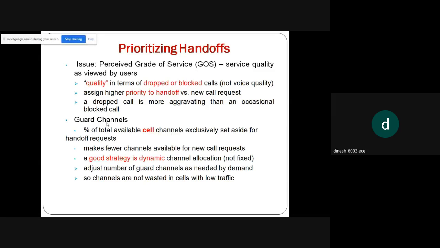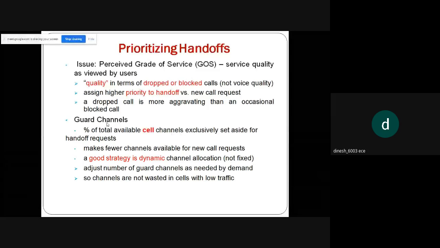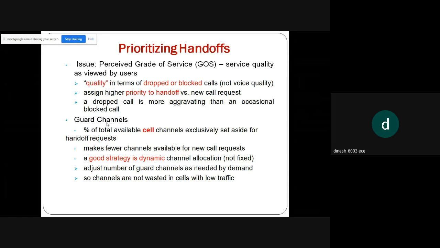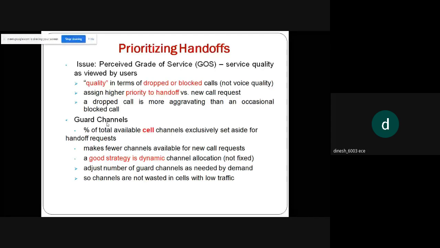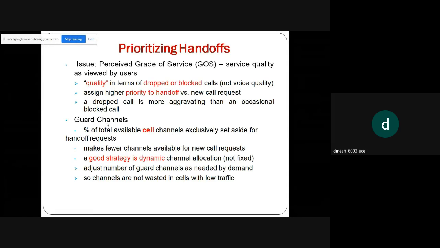Whenever a new call comes, the number of channels available for new calls was much lower compared to the existing calls during the transition from point A to point B, or from base station 1 to base station 2. So a good strategy is dynamic channel allocation.